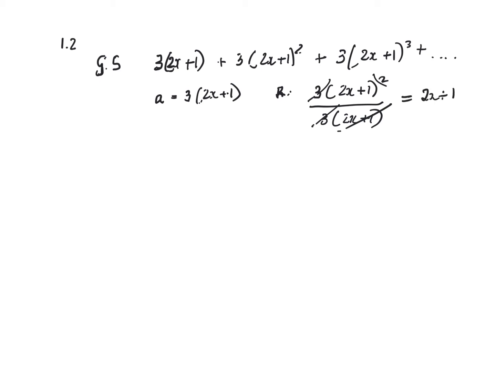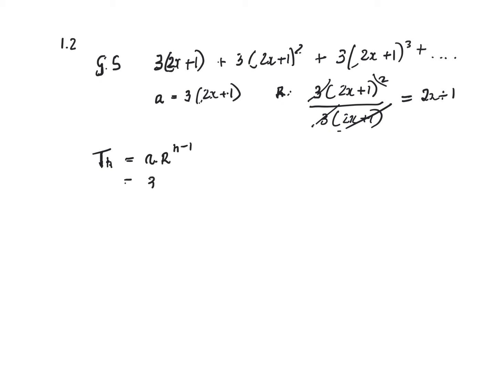Okay, now in this first question, it says, for which values of x is this series convergent? The only way that it will be convergent is if my r value is a fraction. Because think of your general formula: t to the n is equal to a times r to the n minus 1.